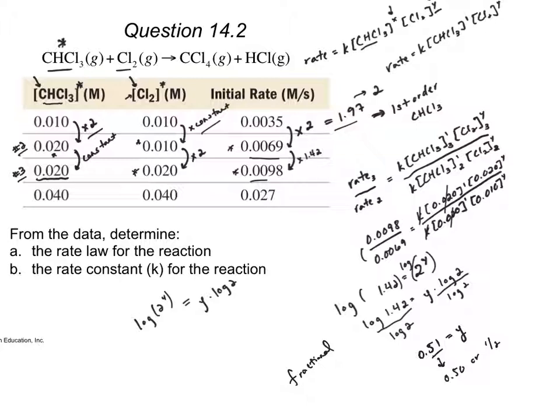Okay, so then the rate constant, now that we know the order with respect to Cl2, the rate law is going to be rate is equal to K CHCl3 to the 1, Cl2 to the 1/2.